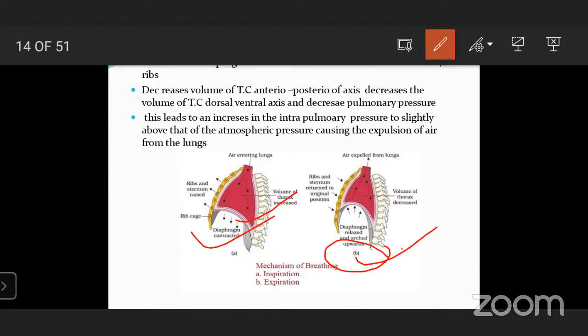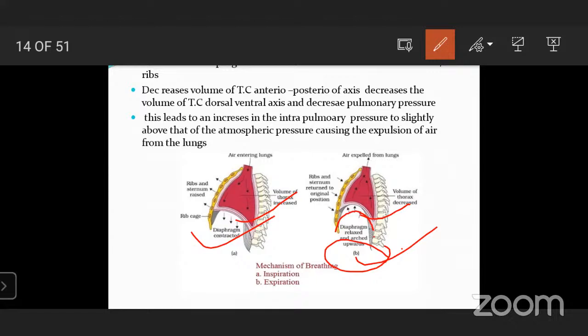But in diagram B, the expiration diagram, the diaphragm goes upward, yes, upward, dome shaped.